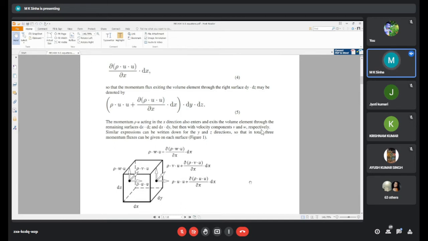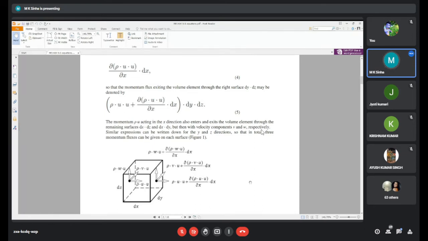Mass along the x-axis is rho u. Mass along the y-axis is rho v, and the momentum due to the velocity component u along the x-axis is rho v u. Similarly, along the z-axis rho w is the mass, times velocity along the x-axis u.